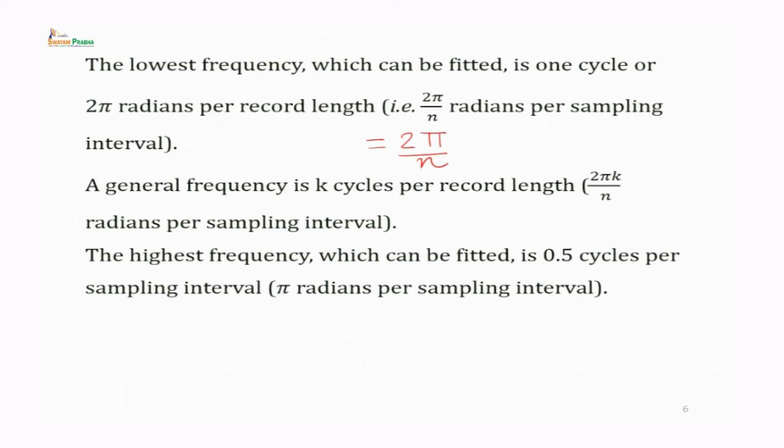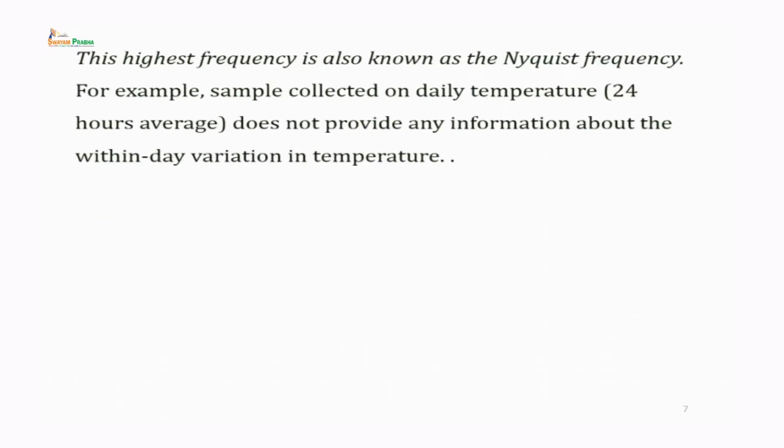And the highest frequency which can be fitted is half cycle per sampling interval, meaning pi radians per sampling interval. This highest frequency is also known as the Nyquist frequency.